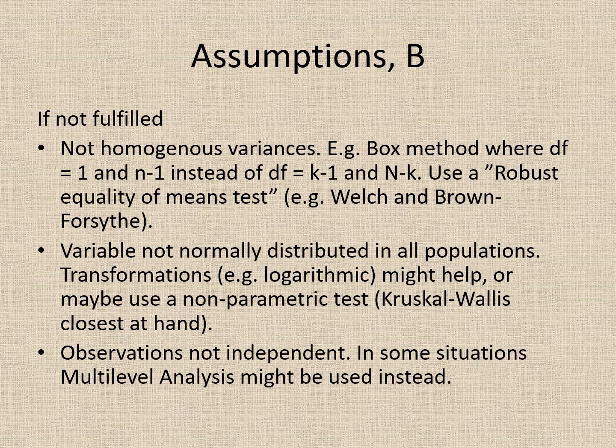It might help. Or there are some non-parametric tests, for instance, Kruskal-Wallis, close at hand. You could test that instead. Of course, you might do both ANOVA and Kruskal-Wallis and sleep well that night if they indicate the same thing.